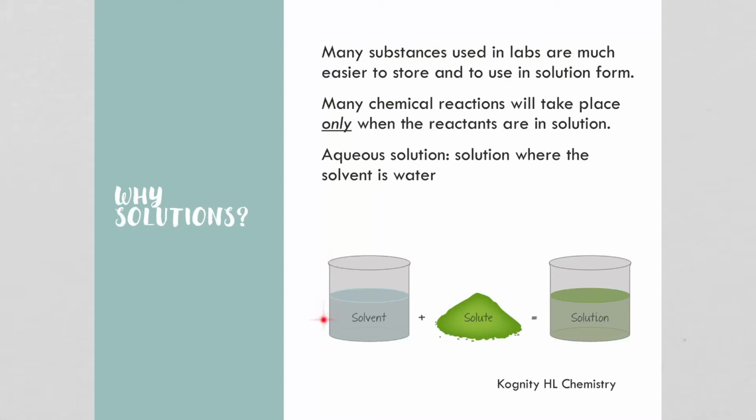The solvents that we tend to use are aqueous, so water, but solvents can be many different things. Some solutes won't dissolve in polar substances, so they won't dissolve in water. So they would have to be dissolved in something else. Then the combination of the solute and the solvent is called the solution, which is what we'll work with.